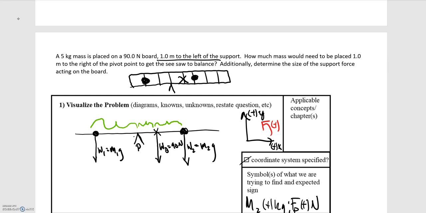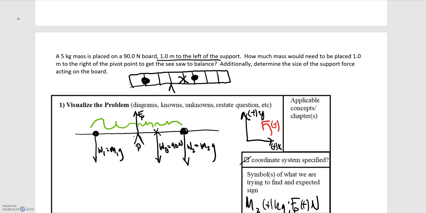We have one more force that we need to worry about, and that will help balance out these forces since we know that this is in equilibrium, and that is the force from the pivot point being pointed upwards. That's one of the other quantities that we are asked to solve for.